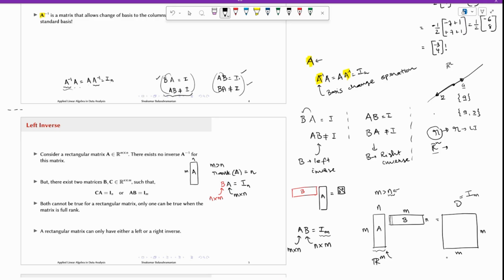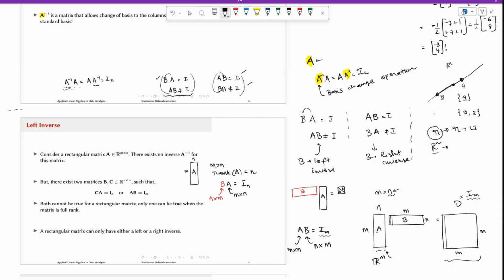Now look at this. What if you look at the columns of Im? There are m columns, all unit vectors, m unit vectors. That means you have m linearly independent vectors there.